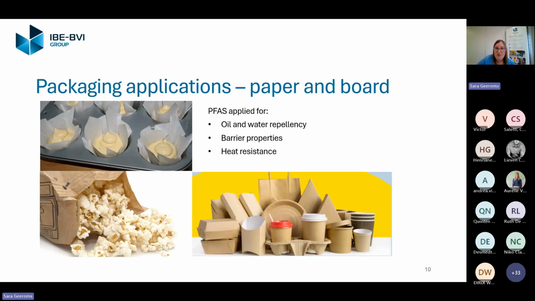I'll give some examples from paper and paper boards, and then later on from plastics. In paper and boards, we see that PFAS are applied to give oil and water repellency, to improve barrier properties, and also for heat resistance, as we see in the baking paper or microwave popcorn bags.